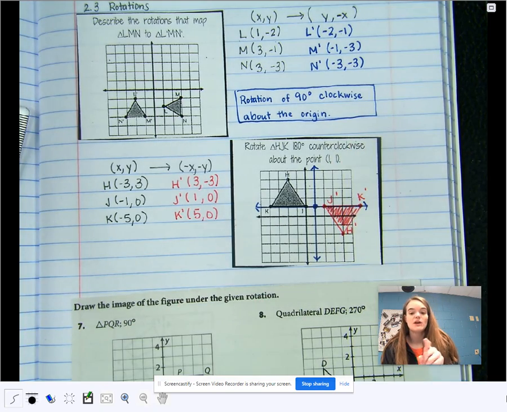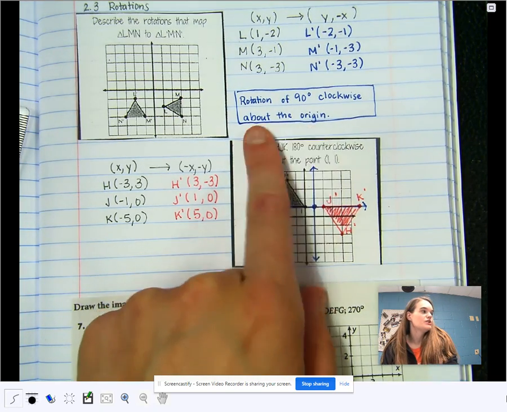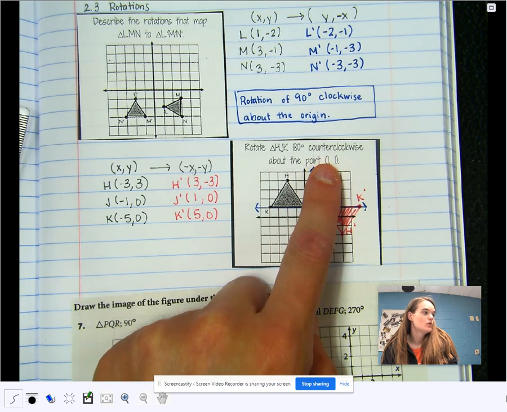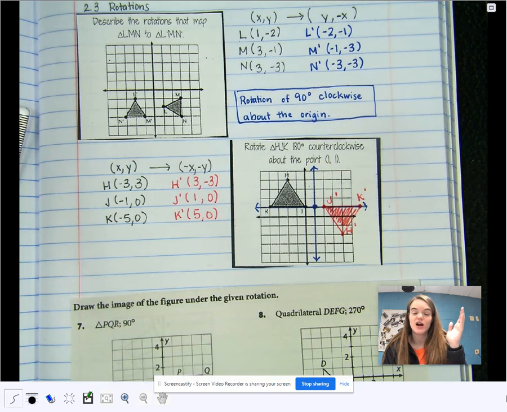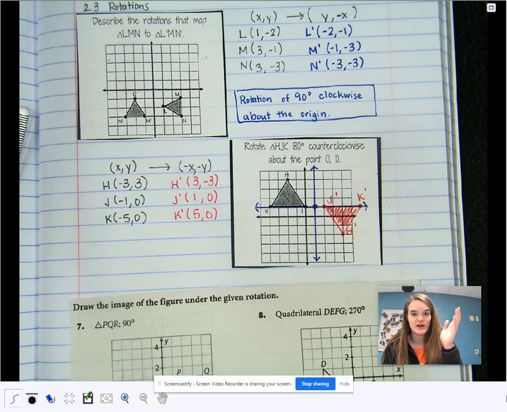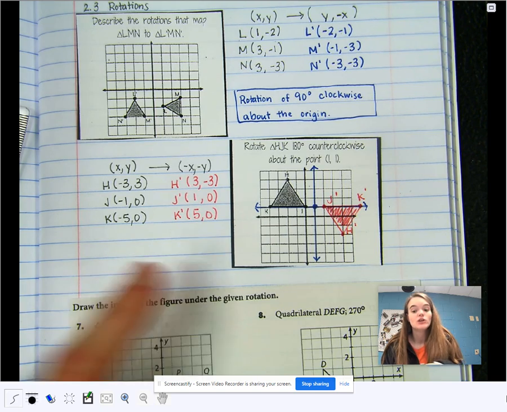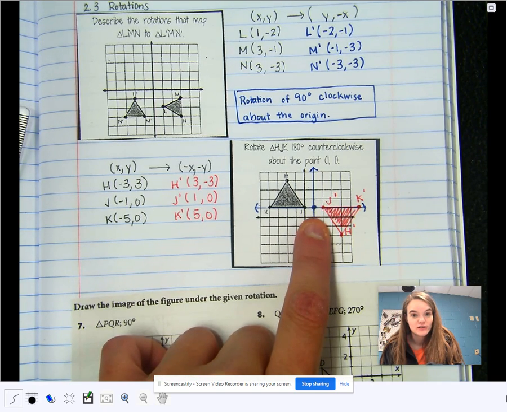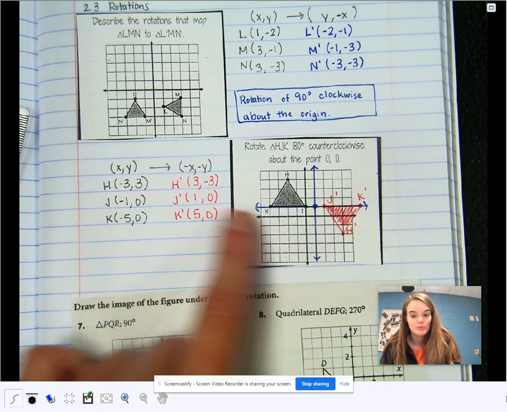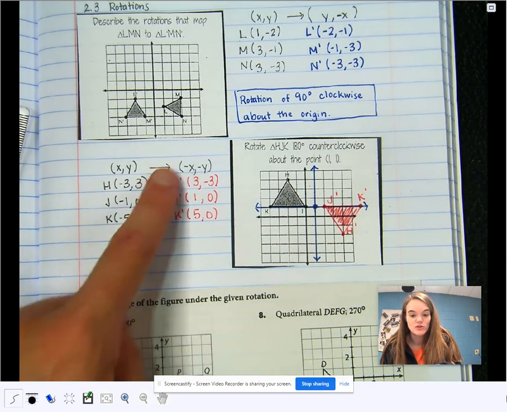Okay, so if it does not say about the origin and it's about a point, 1, 1, 2, 3, I don't care, 147, 3,942, you make that the origin, and then pretending that that's the origin, you graph it.